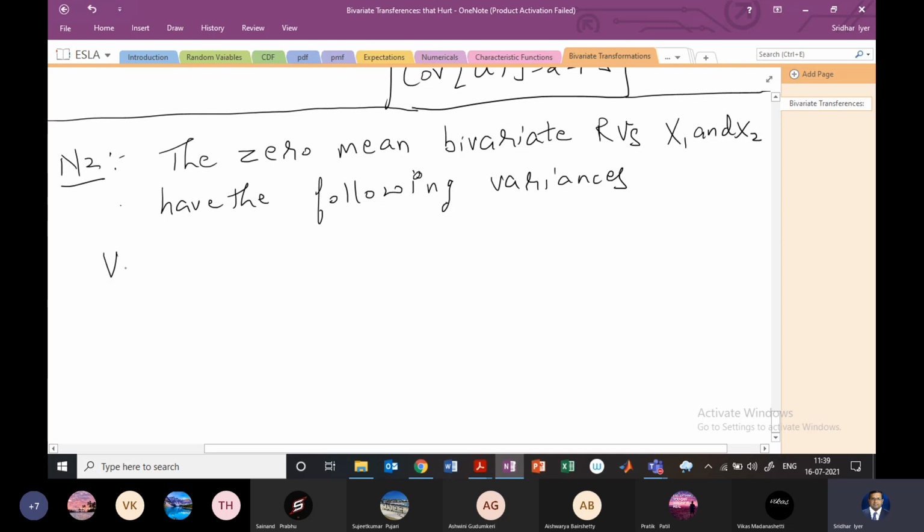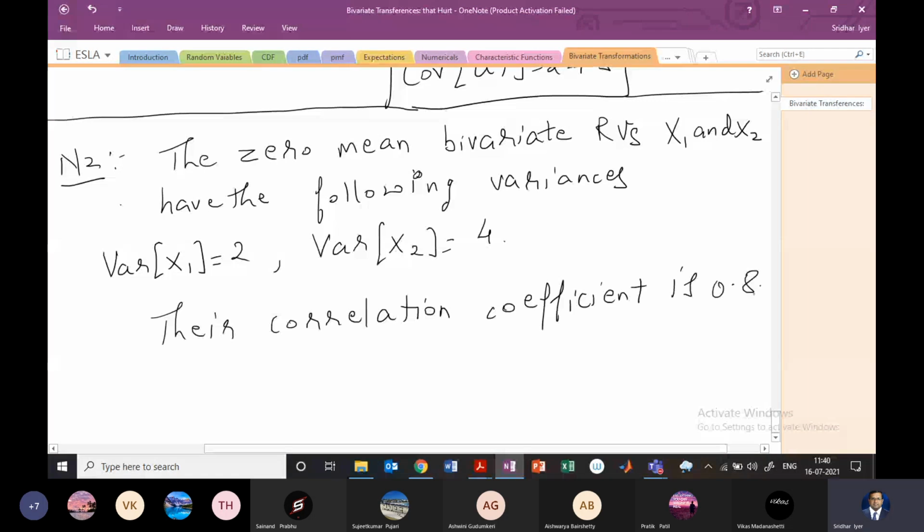The variance of x1 is 2, the variance of x2 is 4. Their correlation coefficient is 0.8.